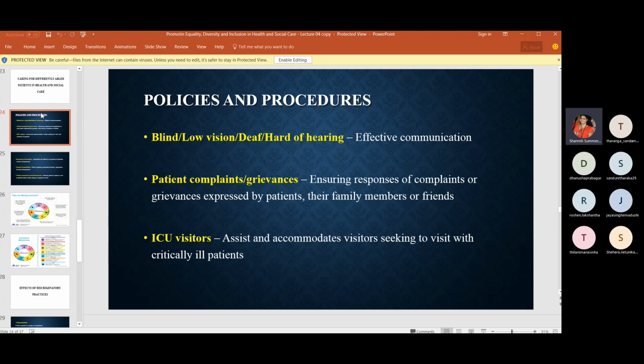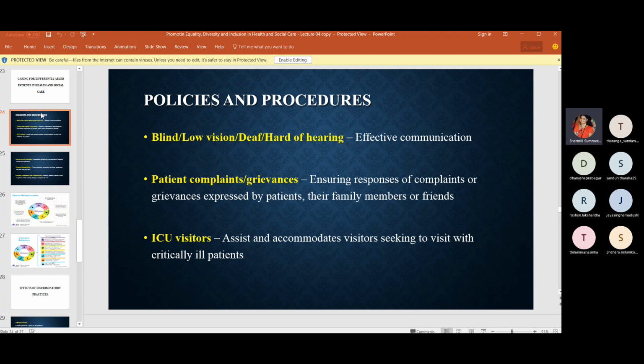If the person is deaf, you can use hearing aids for effective communication, or in addition, you can use sign language. Or if the person can't talk, you can use sign language. If the person is blind, there is no point in having a written document.